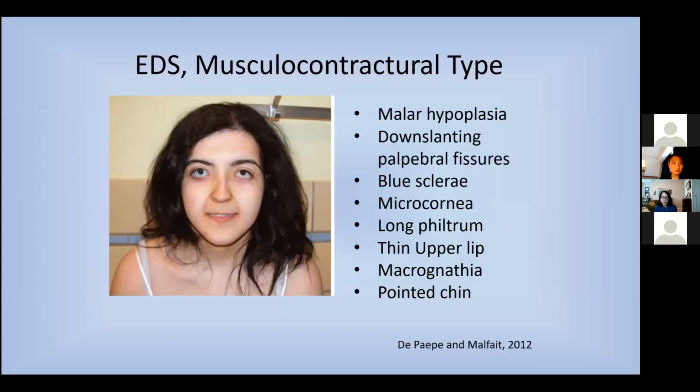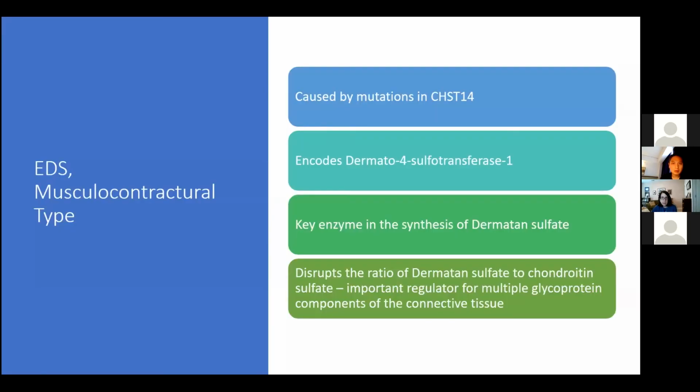The musculocontractural type is manifest by malar hypoplasia and downsloping palpebral fissures, blue sclerae, microcornea, a long philtrum, thin upper lip, macrognathia, so prominent chin, which is often pointed in appearance.